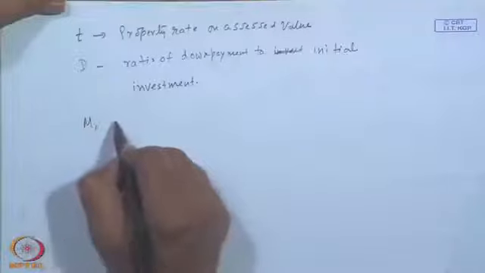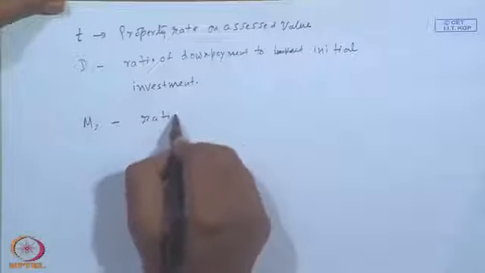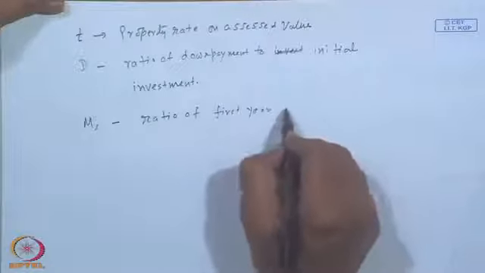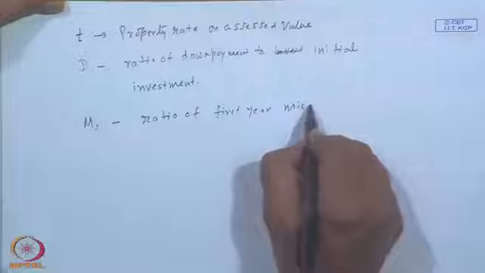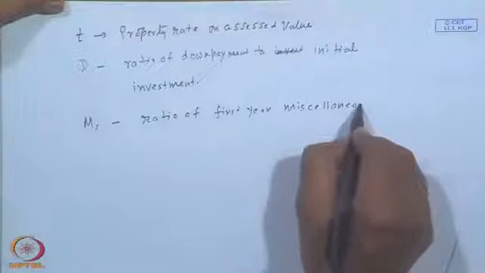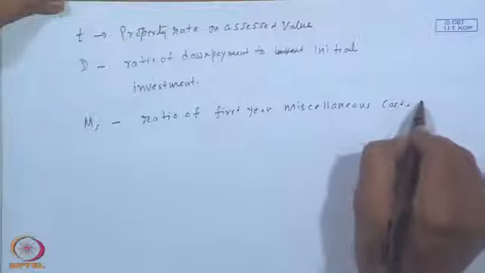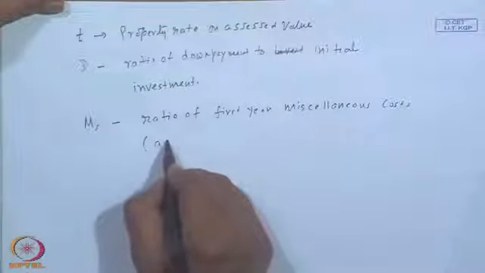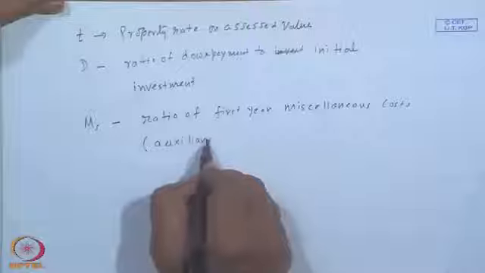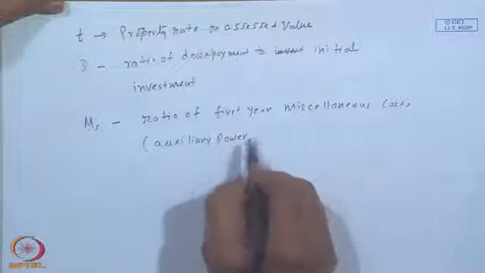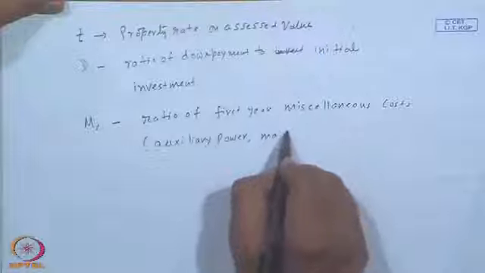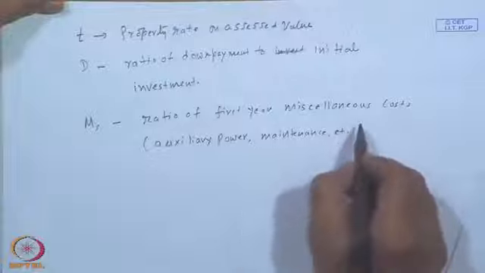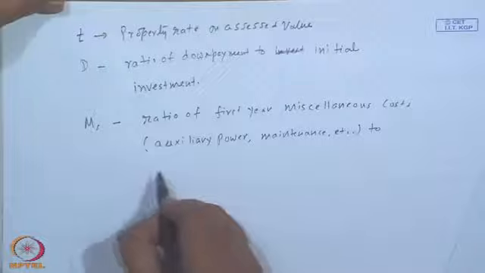And MS is the ratio of first year miscellaneous costs, this could include auxiliary power, maintenance, etc., to initial investment.